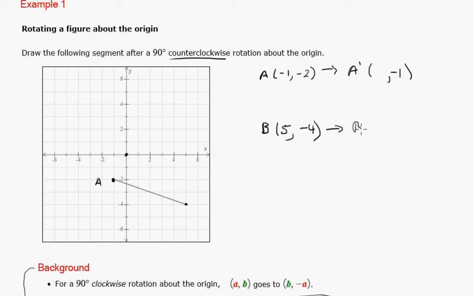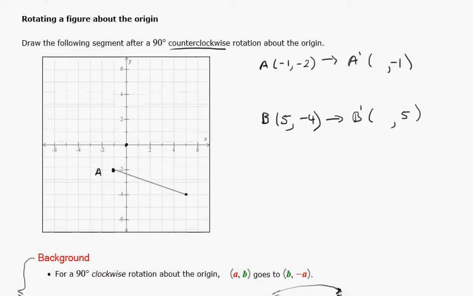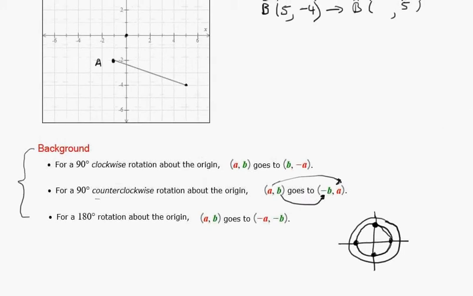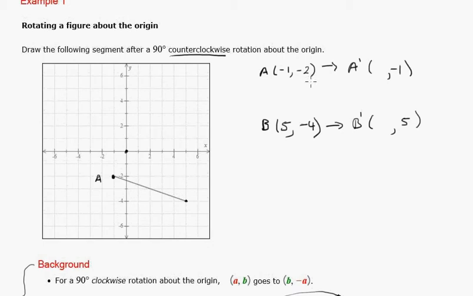And here, B prime, the X value becomes the Y value, and its sign doesn't change. But now the Y value becomes the X value, and the sign does change. This is negative, so we'll make it positive. This is negative, so we'll make it positive.